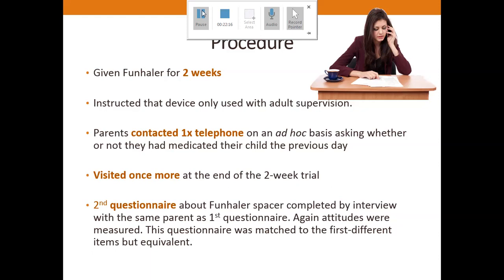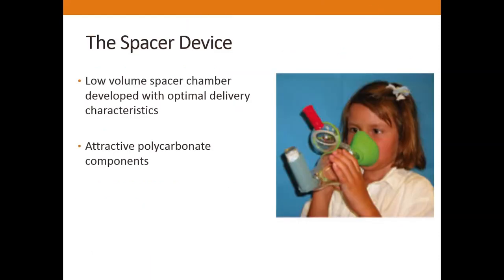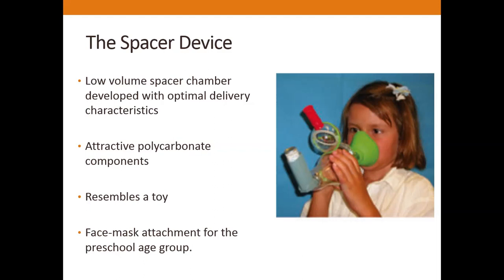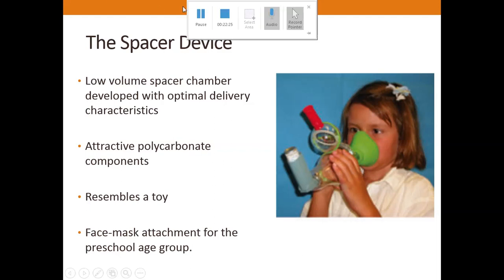Okay, so this is kind of like what the spacer looked like. So it was a low volume spacer chamber that was developed with optimal delivery characteristics, is how they would define it. So it was the pressurized inhaler, the spacer with the mask on.